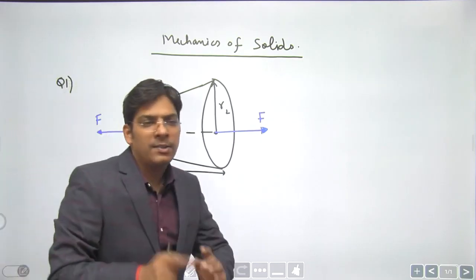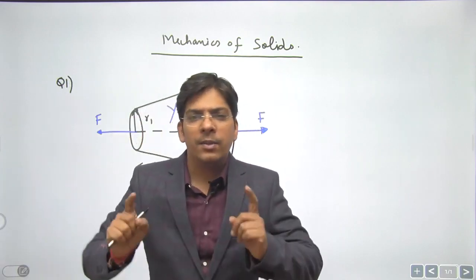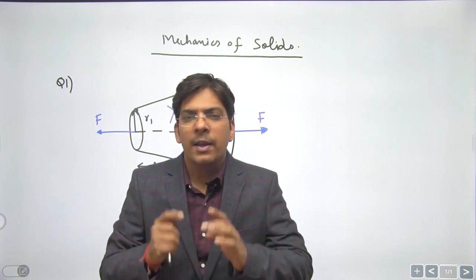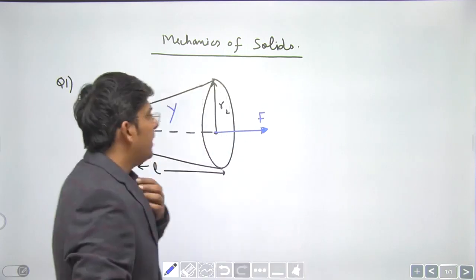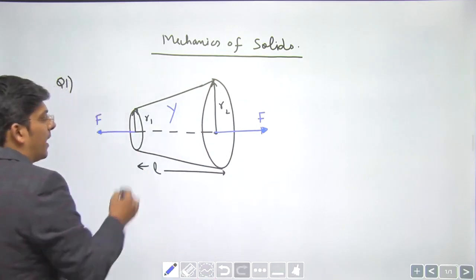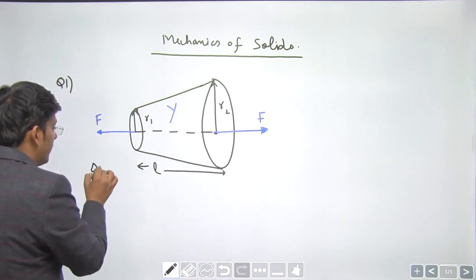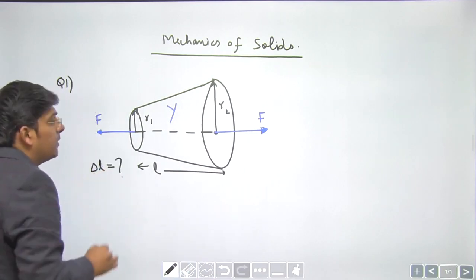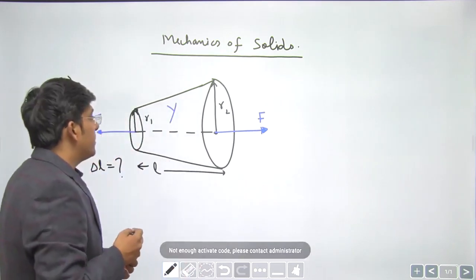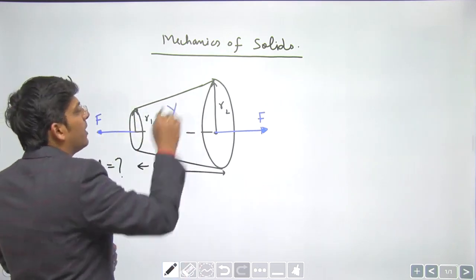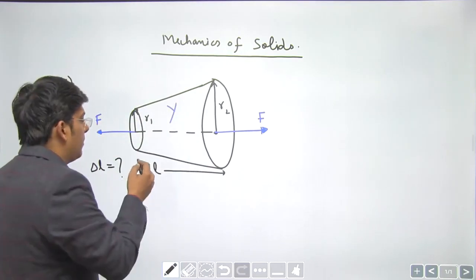Young's modulus of elasticity, dear students, does not depend on the mass of the wire. It does not depend on the dimensions of the wire. It depends on the nature of material of the wire. Young's modulus of elasticity is a constant here. What they are asking us to calculate is the extension produced. It is not an easy question. We have to use integration since radius is changing, so the area of cross section is different at every point.